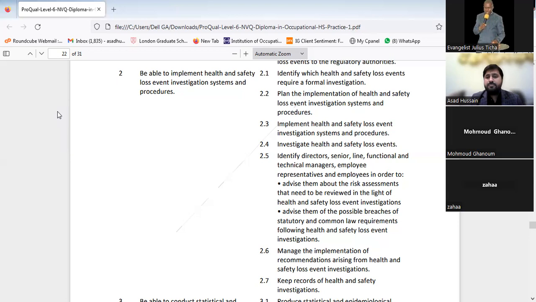All right. In 2.7, we have keep records of health and safety investigation. As we discussed earlier, you have to explain here, like active or proactive monitoring systems, how you are managing or recording or keeping the record of these reactive procedures like investigations.